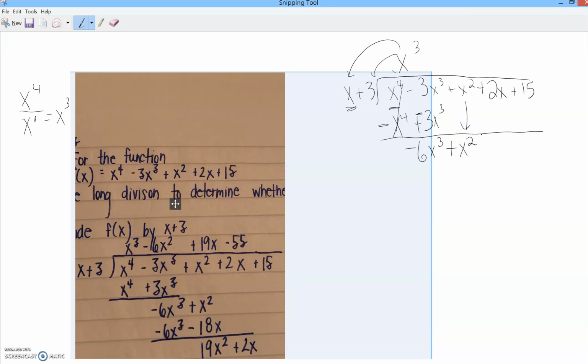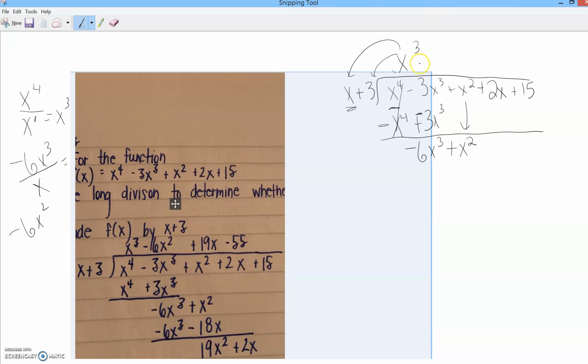And then we follow that same process over again. We ask ourselves, how many times will x go into negative 6x to the third? And so we come over to the side, and we say negative 6x to the third divided by x, and that gives us negative 6x to the second.